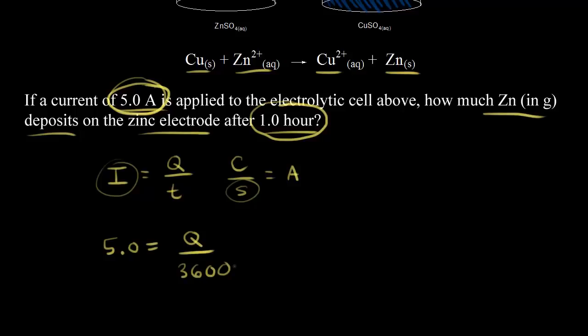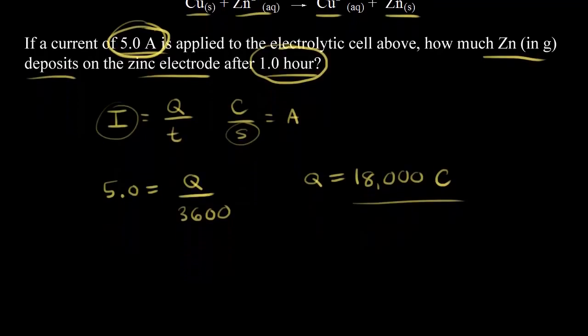Now we can solve for Q. We can solve for the charge. So 5 times 3,600 is equal to 18,000. So after 1 hour, we're talking about 18,000 coulombs. From the charge, we can figure out how many moles of electrons we're dealing with here because of Faraday's constant. So remember, Faraday's constant tells us that 1 mole of electrons has a charge of 96,500 coulombs.